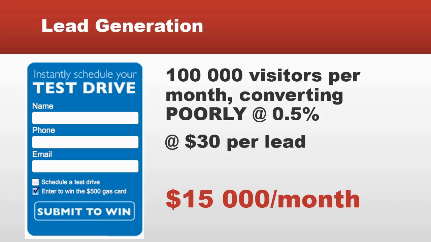Okay, now let's scale that up. If you have 100,000 visitors per month, and let's say you're converting poorly, you're only converting 0.5% of the visitors into buying something extra, and let's say you get only $30 per lead, which is not much at all, you'll still be making $15,000 per month.